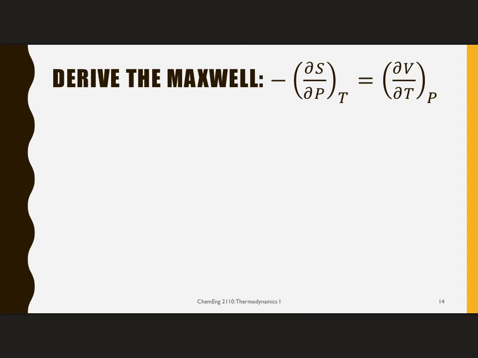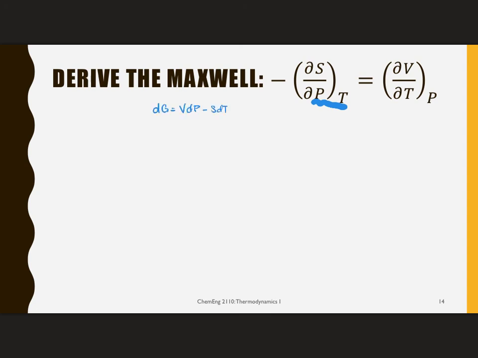Next, I want you to derive a Maxwell. In this case, we want you to derive the Maxwell negative dS dP at constant T equals dV dT at constant pressure. Pause the video. In this case, we want to be working with the fundamental relation that relates pressure and temperature. G is a natural function of pressure and temperature.